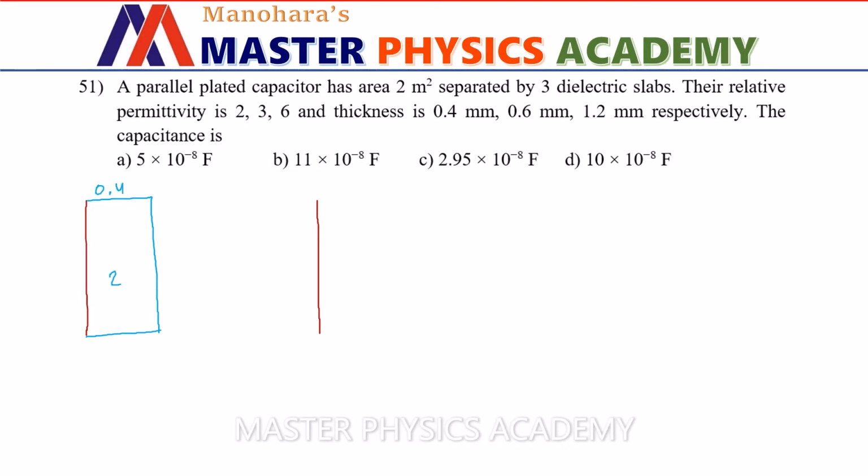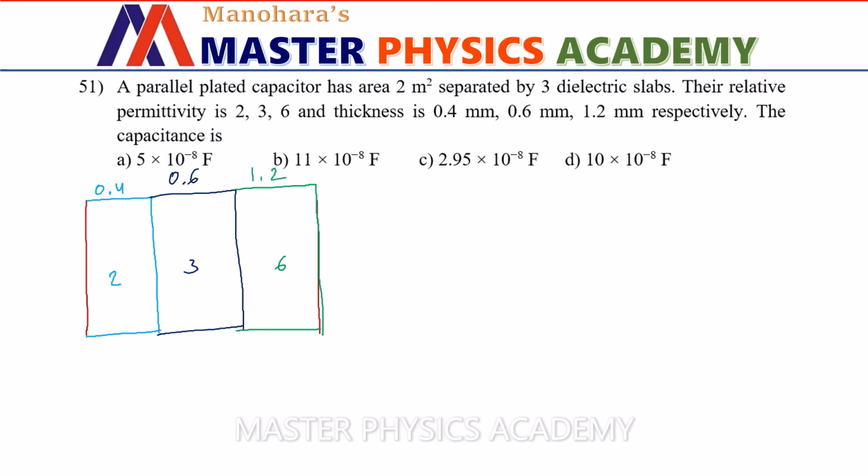The second segment has dielectric constant equal to 3 and its thickness is 0.6 mm. Now the final segment has thickness 1.2 mm and its dielectric constant is 6.